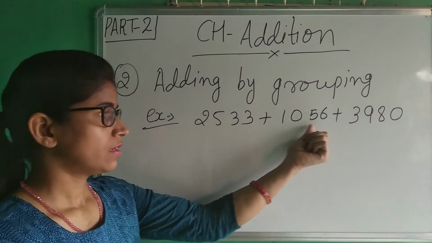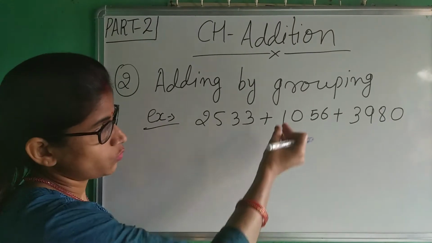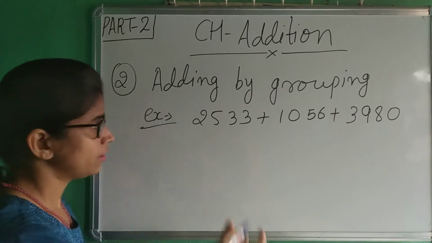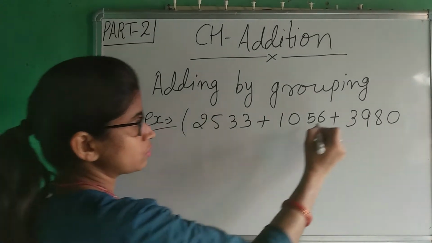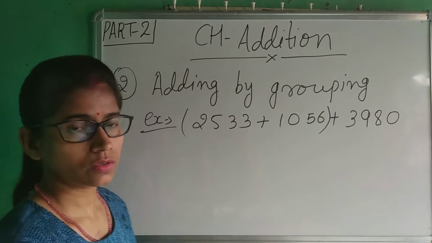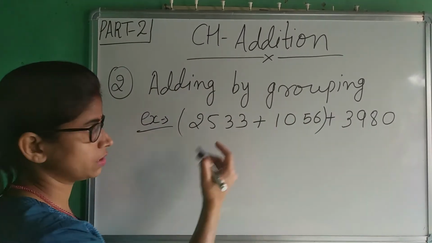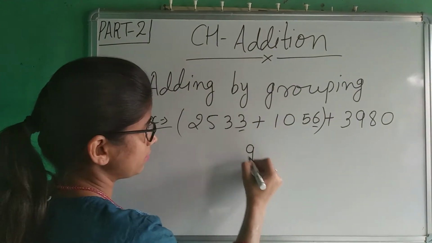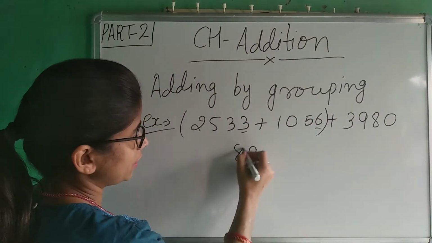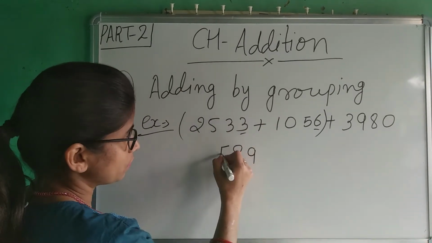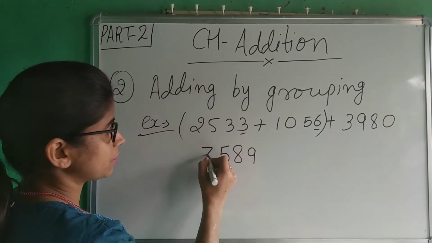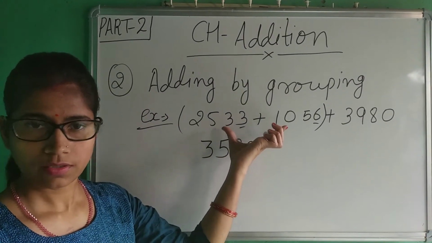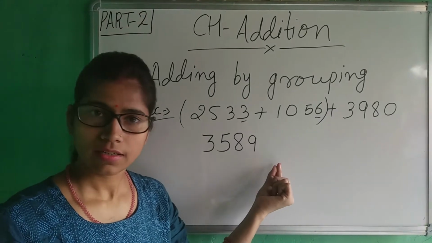First, you can take two numbers and add. Then when you get the result, you will add the third number to the result. Grouping the first and second number, after solving these two numbers, what will you get? 1 plus 6 plus 3, 9. 3 plus 5, 8. 5 plus 0, 5. 2 plus 1, 3. You are getting the answer 3589 after adding these two numbers.